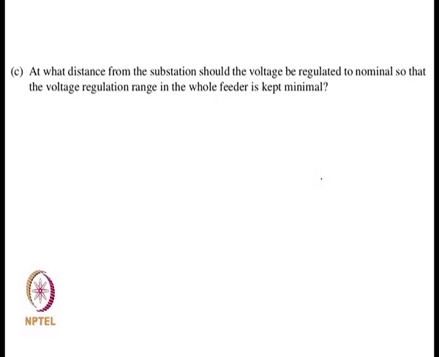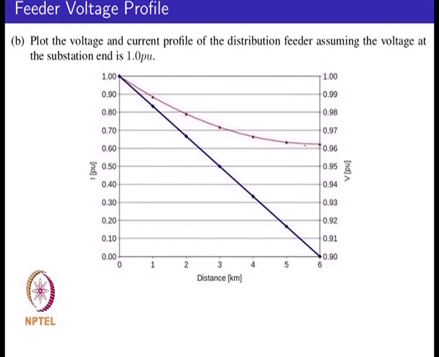So the question is, if we have a voltage profile that looks like this, we don't want just the loads connected at the feeder end to see close to 1 per unit voltage. We want the average user of this particular feeder to see voltage close to 1 per unit.